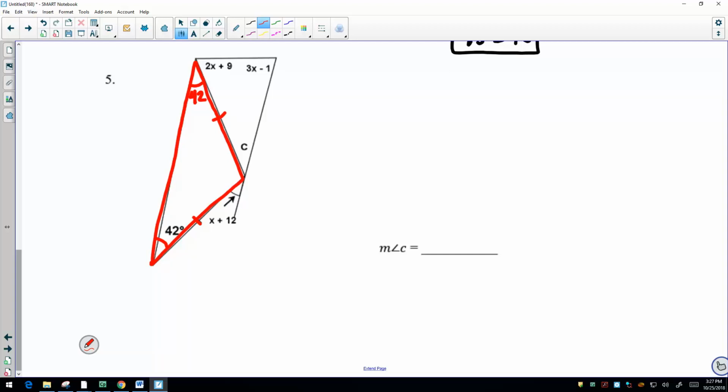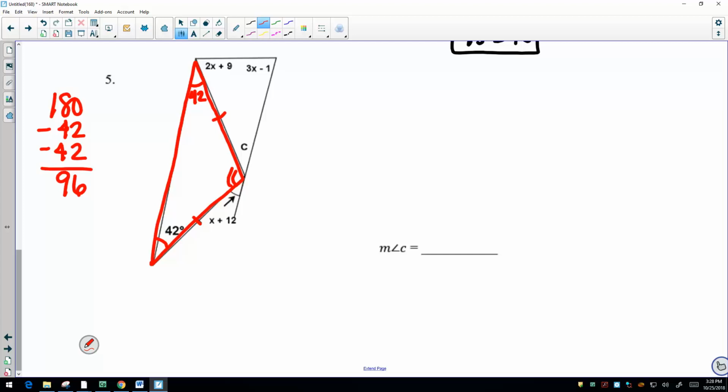Which means we should be able to find out this angle, our vertex angle, by using the fact that triangles sum to 180, all three angles. And if I remove the two angles that we already know, we're going to be left with 96.